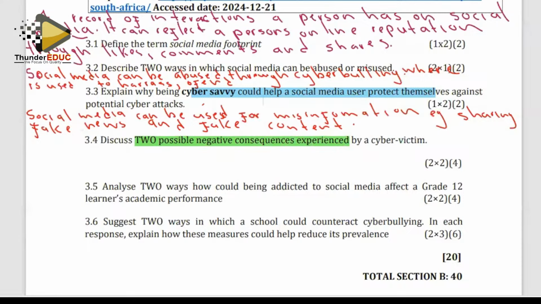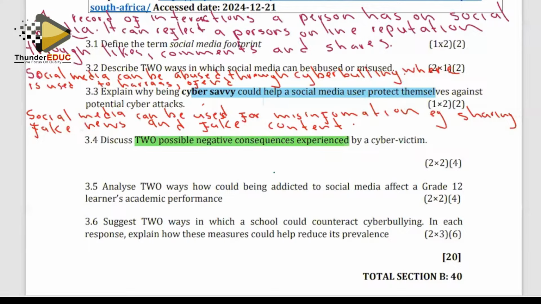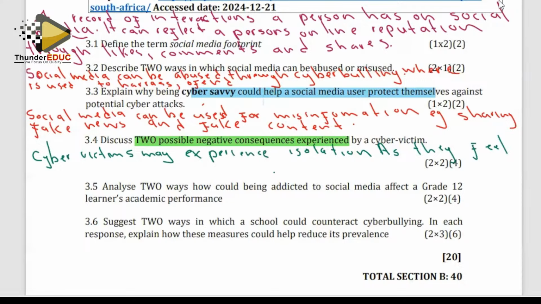All right, so cyber victims may actually experience a sense of isolation, as they feel unsafe online.